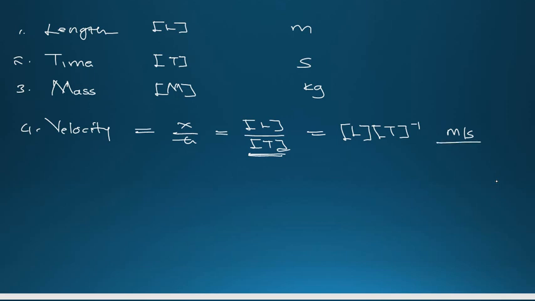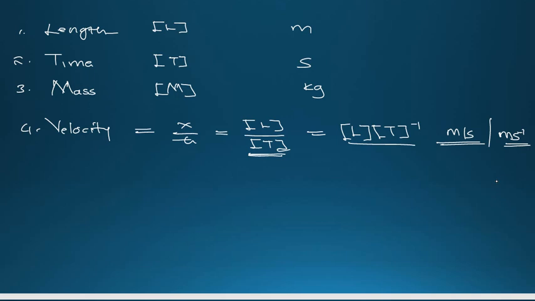So this is why you find the units of velocity to be meters per second. It is same even here. You can write it as meters per second raised to the power negative. These two units are one and the same.